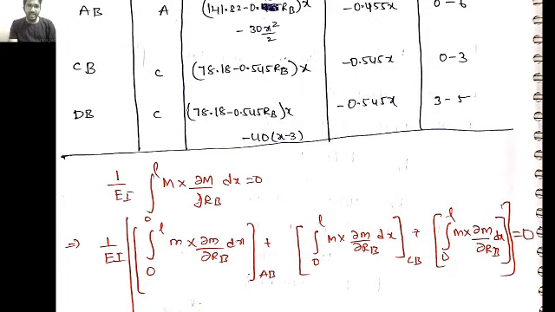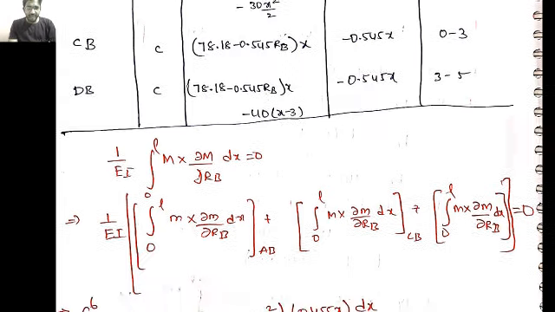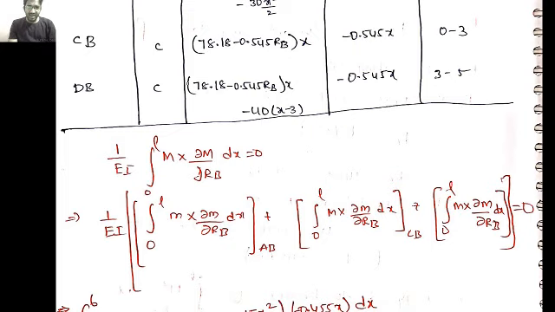So 1 by EI integral 0 to L, capital M into dou M by dou RB into dx, is equal to 0. Clearly I have written how to deduce the equation: 1 by EI integral 0 to L M into dou M by dou RB into dx for the AB portion, and for the CB portion, and for the DB portion.